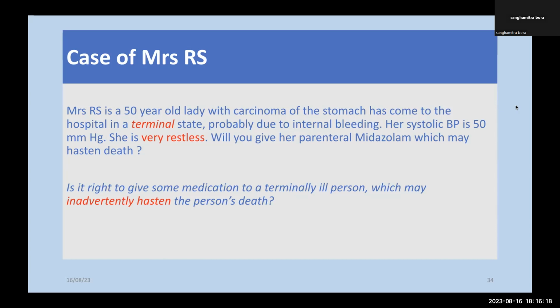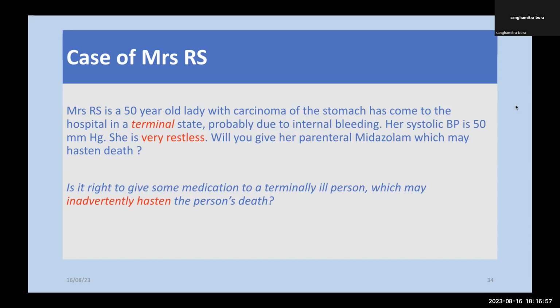The point we need to understand is that parenteral midazolam is the gold standard for treating terminal restlessness. Since we know that this is going to relieve her of the restlessness she is going through, it might also hasten her death. Do you think it is right to give such a medication to a terminally ill patient, which may inadvertently hasten the person's death? That is an important question.